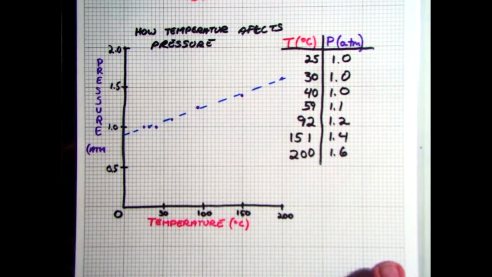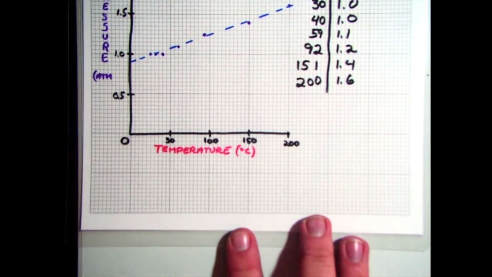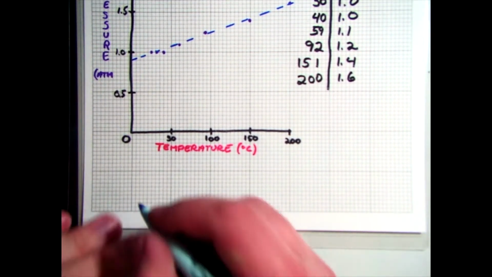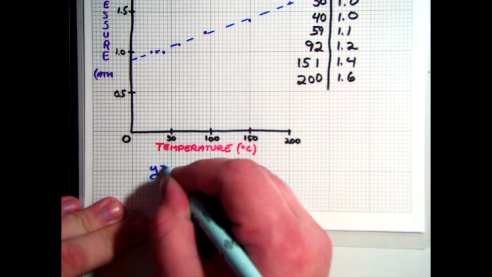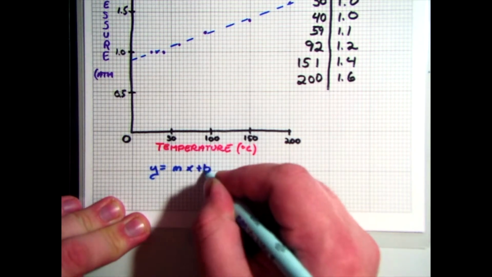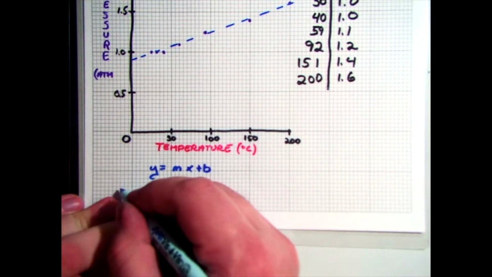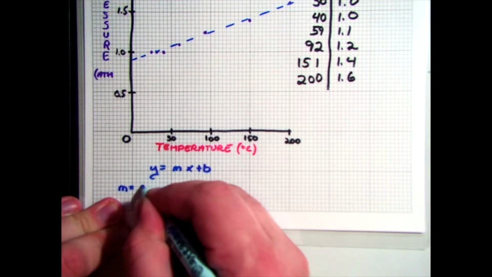Also, we can look at this and see that it is a nice straight line. So this is what we call a linear relationship. And we love linear relationships because they follow the equation that we learned in algebra class, y equals mx plus b. M, of course, is the slope of the line.